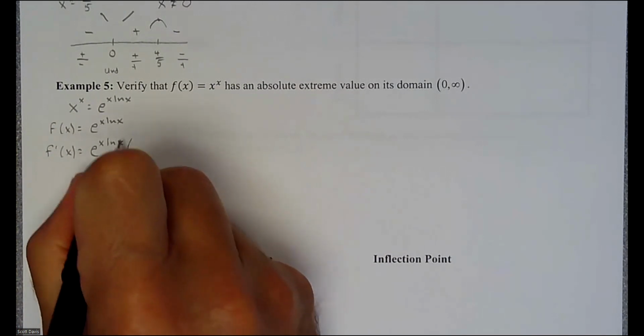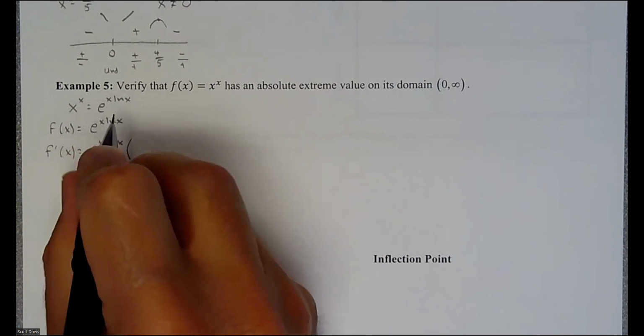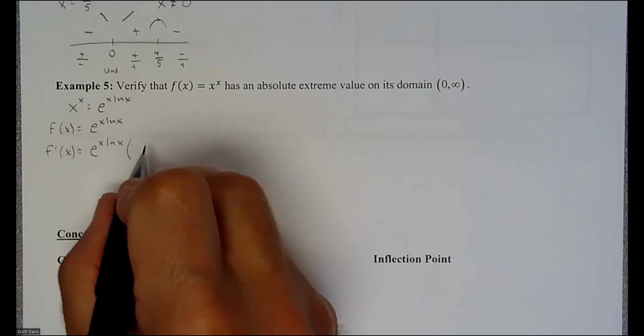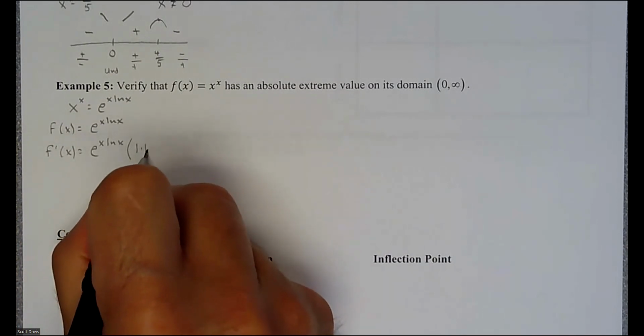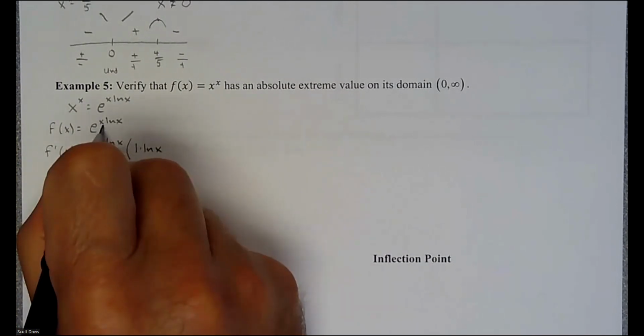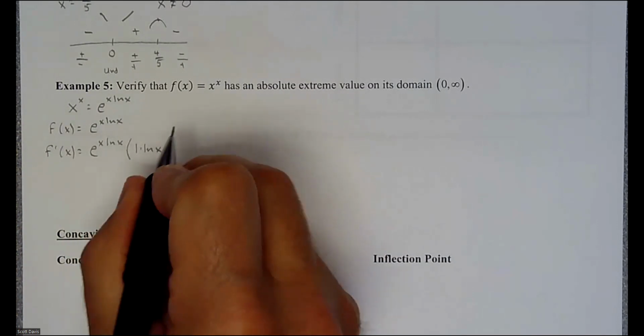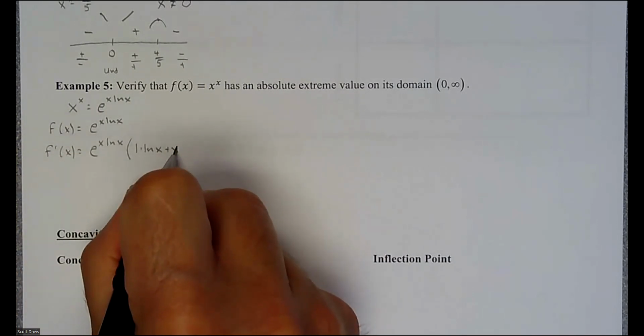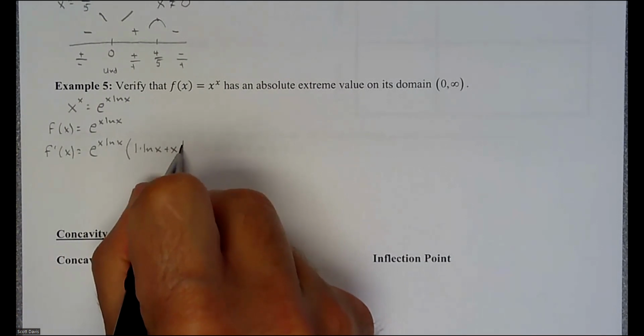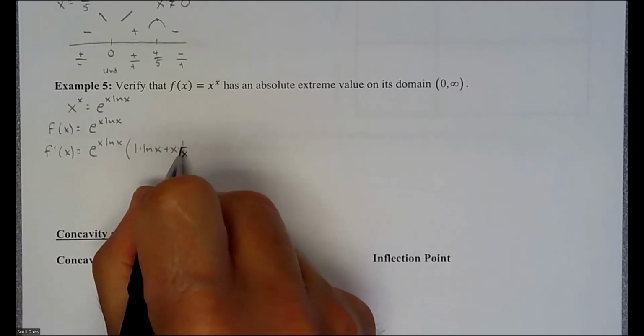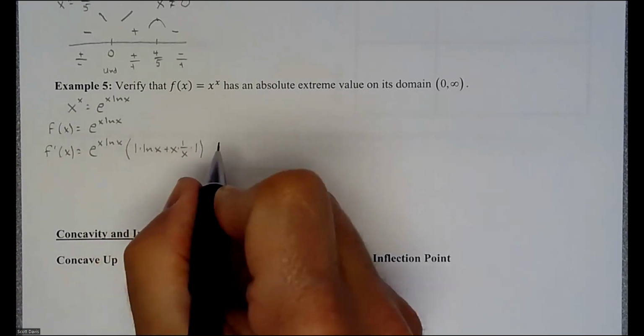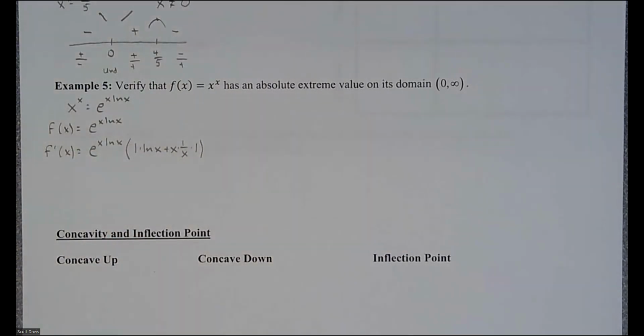So the derivative of the exponent, we have a product rule in there. So the derivative of x is 1 times the natural log of x. So the derivative of the first times the second plus the first times the derivative of the second, which is 1 over x, and then technically times the derivative of the inside of the natural log.